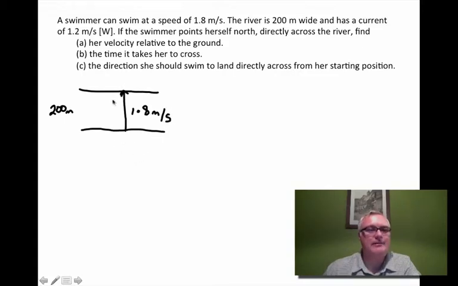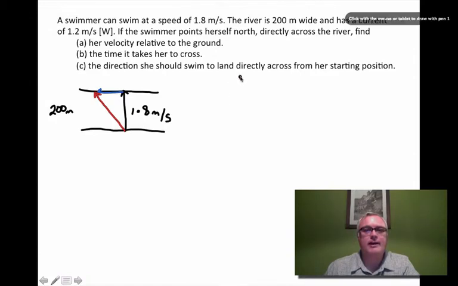So in that direction, 200 meters, they're traveling at 1.8 meters per second. A lot of people get confused and think that they need to use the resultant velocity. But we can't use this vector because this distance is more than 200 meters. The 200 meters is from here to here.